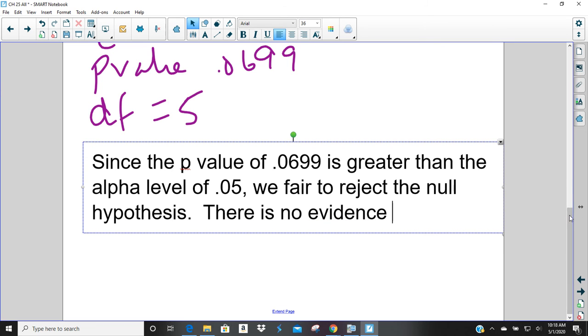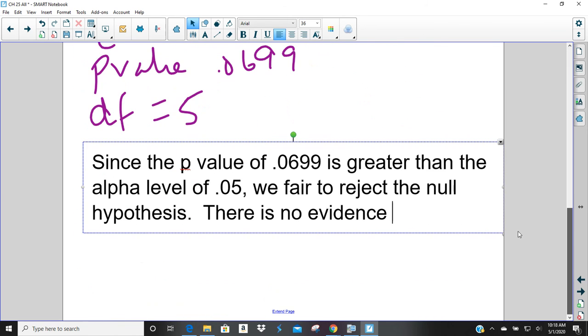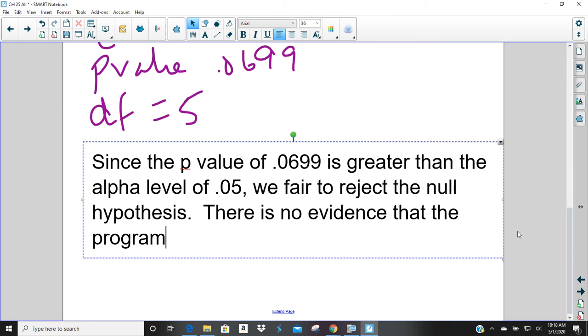There is no evidence that the program is worthwhile. What is worthwhile in this example? That August scores were higher.